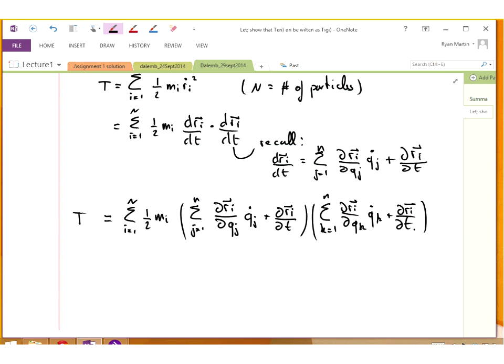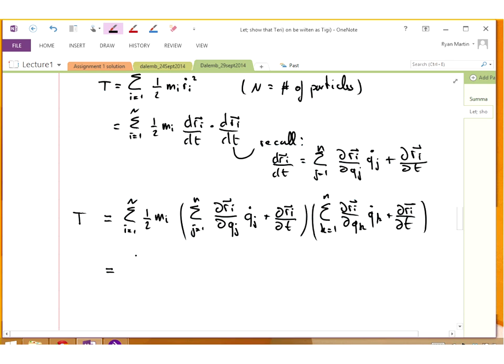And so you could write it out, or you could look at it for a little bit, and you can see that there's a lot of cross terms, but there's three kinds of cross terms, right? And so let's group them together very generally. So the first cross term that we're going to get is going to mix qj dots with qk dots and have a sum over i in it.